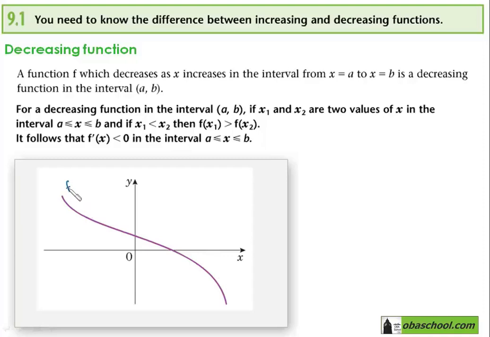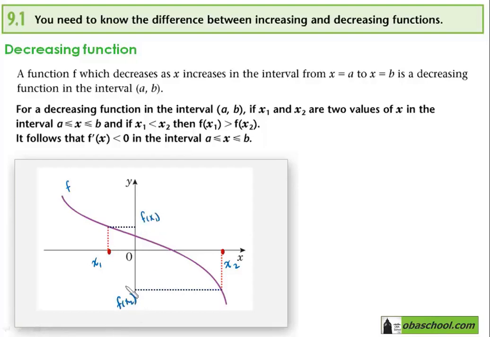This is function f, and here we have a decreasing function. Now we will take any 2 points on the interval, x1 less than x2. This is the value of the function for these 2 points. This is f at x1 and this is f at x2.